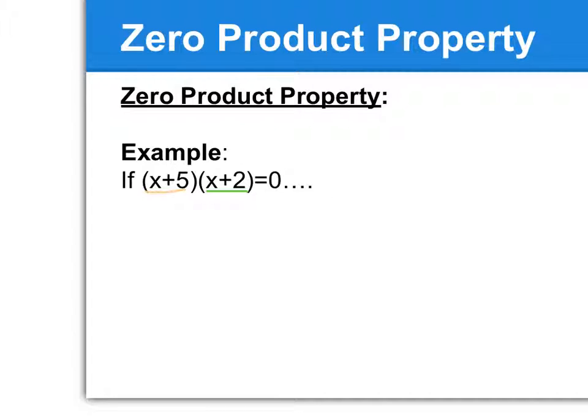What the zero product property tells us is that if the product of two expressions, in this case x plus 5 and x plus 2, is 0, then one of them or both of them must equal 0. So this is why we can set each one equal to 0: x plus 5 equals 0, and x plus 2 equals 0.